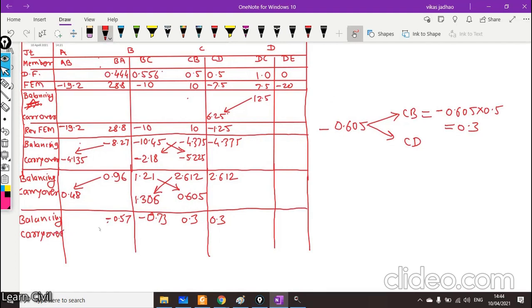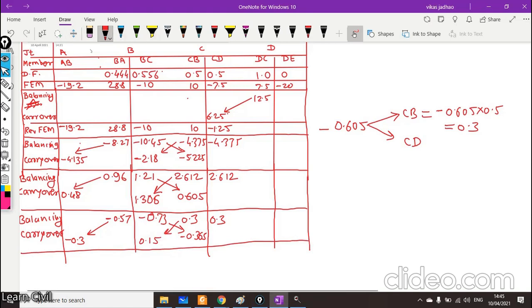Okay, so half of this moment will be transferred here, so it will be minus 0.3 approximately. Half of this moment will be transferred here, it will be minus 0.365. Half of this moment will be transferred here, it will be 0.15. Okay, so this is carryover. Next you can see here, again we are having unbalanced moment.